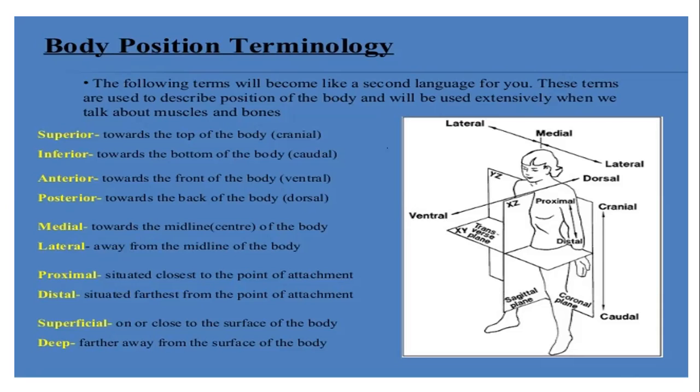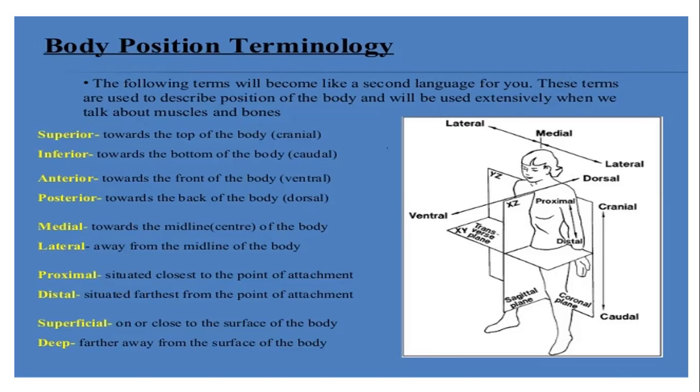So again, the first set of terms is superior and inferior. Superior means towards the top of the body. Again, you might hear this term as cranial. Inferior means towards the bottom of the body. You might hear caudal.